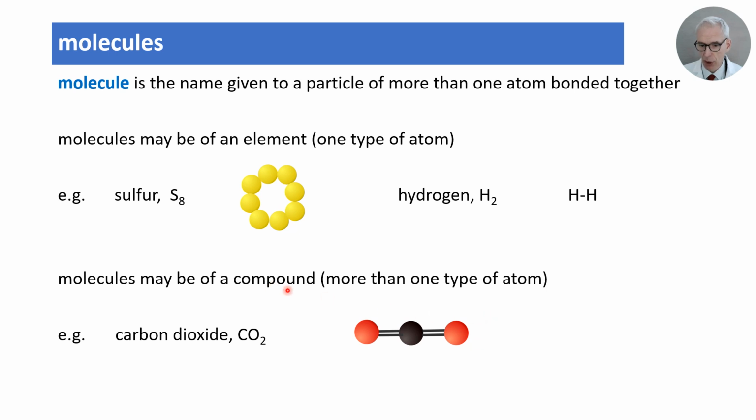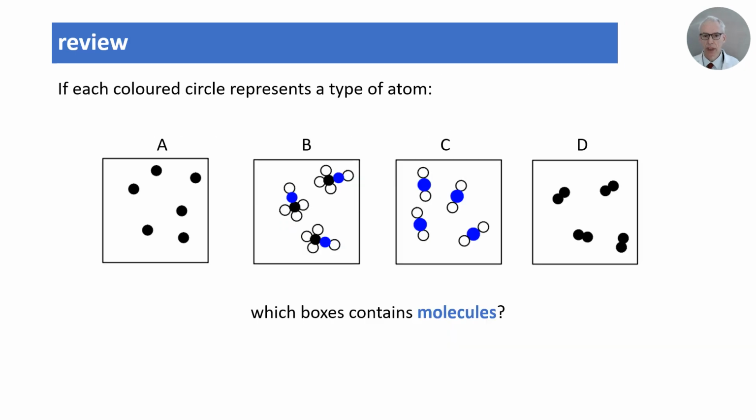So we can apply molecule to compounds and to elements. So a simple problem. Which of the following boxes represents a molecule or contains molecules, bearing in mind each coloured circle represents a type of atom? Pause, make your choices, come back when you're ready.